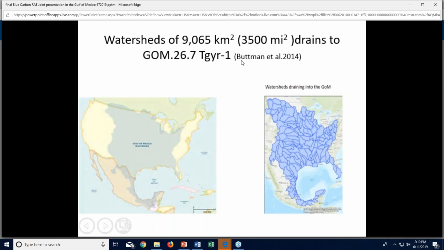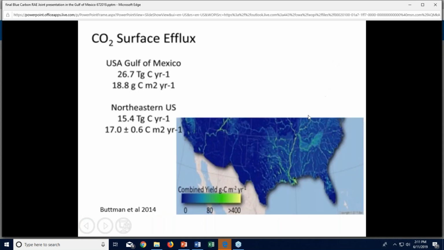David Buttman has done a large project and found that the amount of carbon coming in to the Gulf of Mexico is 26.7 teragrams per year, which is about twice what comes into the eastern seaboard, as an example. This is the best example of where the watershed is.